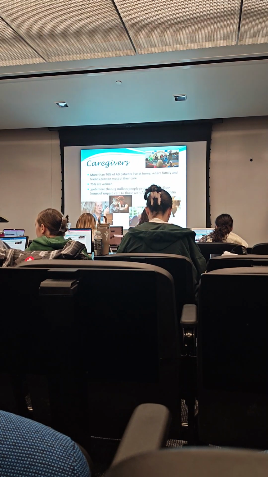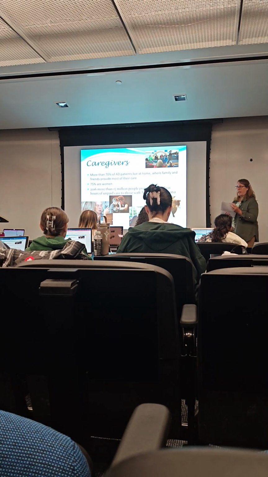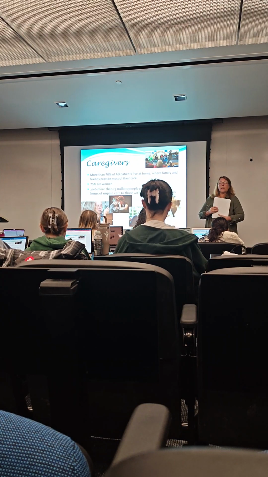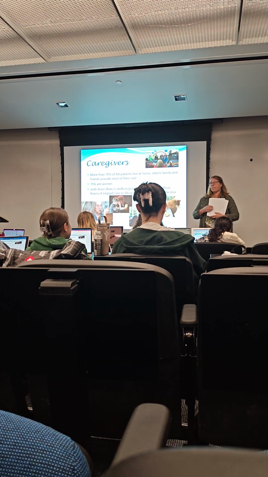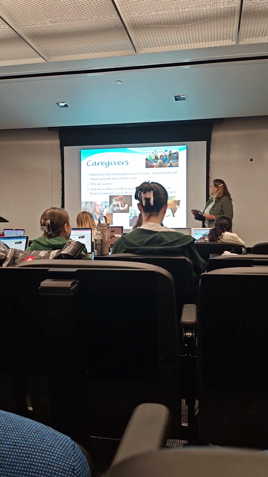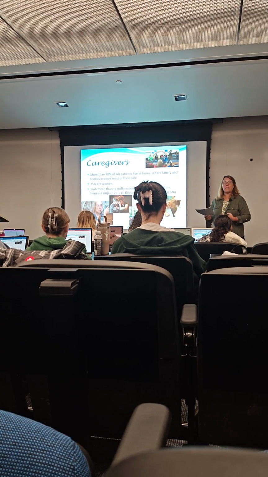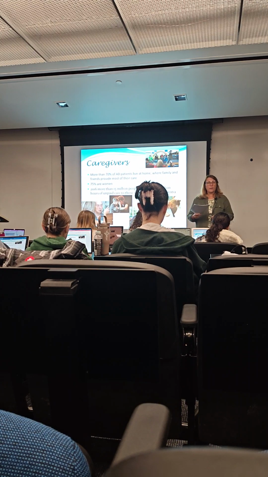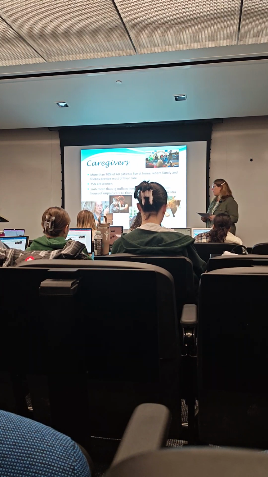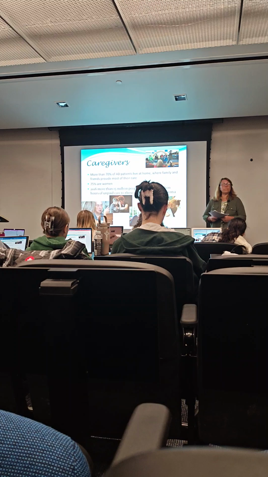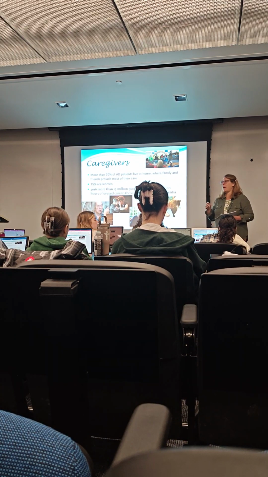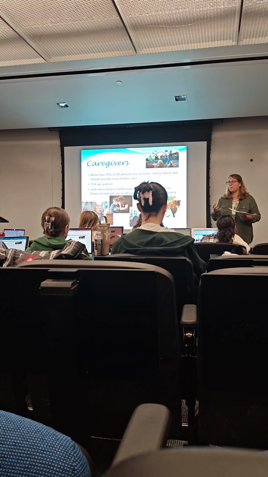All right, let's talk about the caregiver for a minute. Initially, when their loved one, their family member, is diagnosed with dementia, often in the early symptomatology patients have mild symptoms.